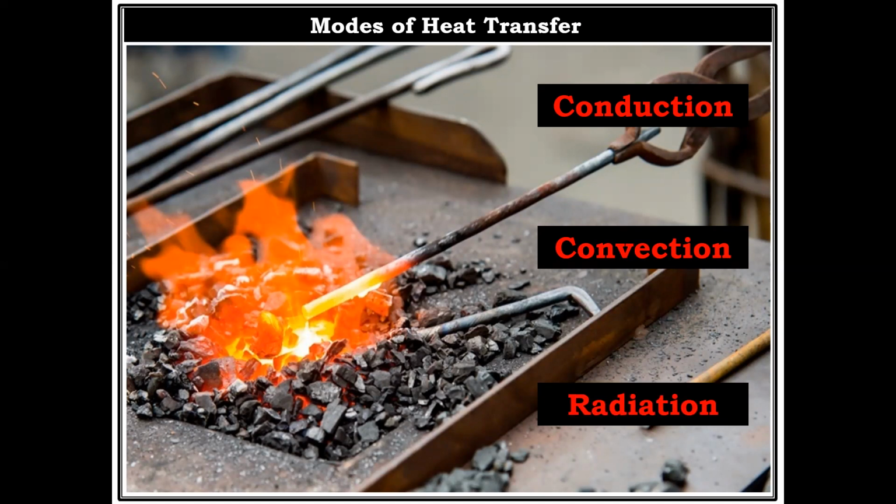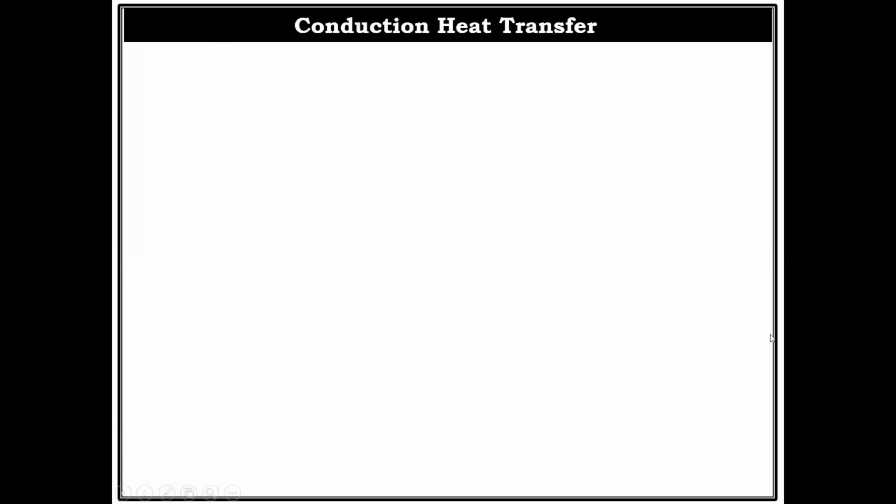Suppose we are standing beside this kind of furnace, then we feel a hot atmosphere surrounding the furnace, and that is not because of direct contact or convection, that is because of radiation. So these are the three main modes of heat transfer, and now we will see them one by one in detail.